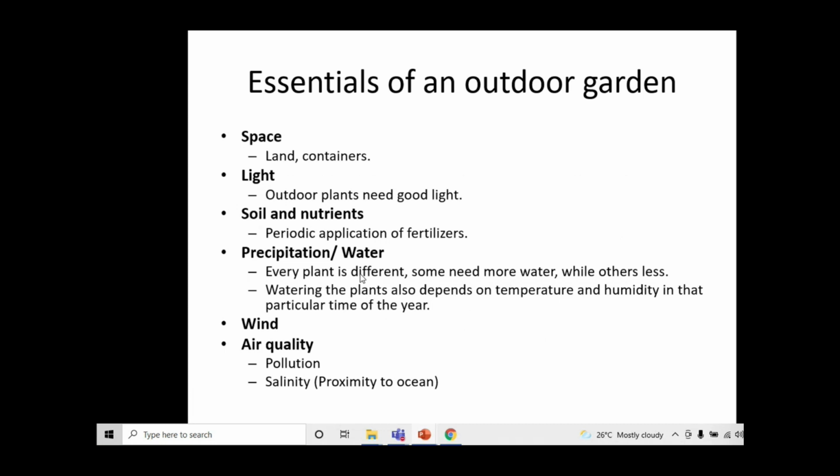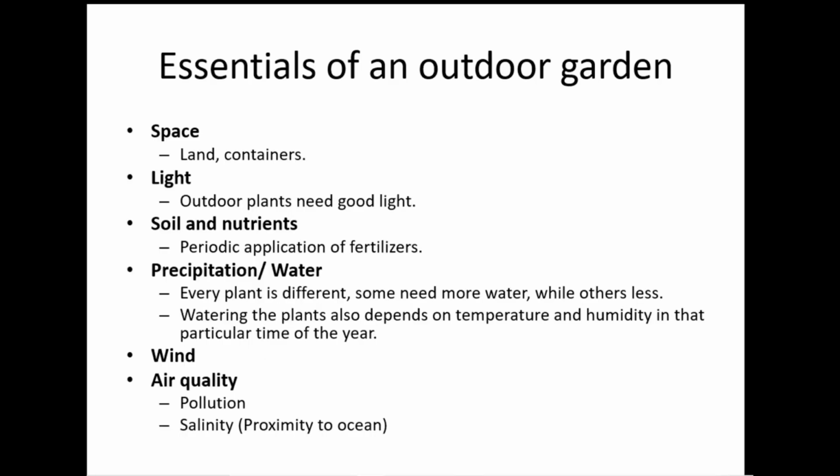The essentials of an outdoor garden are, of course, space, light, soil, nutrients, water, wind, and air quality. In the last class, when we did indoor gardens, I spoke about these things. Space is required, and light is required for photosynthesis, along with water.